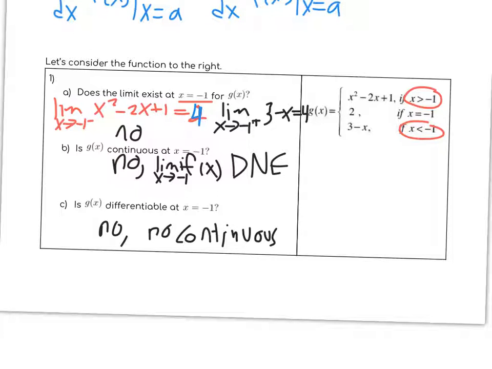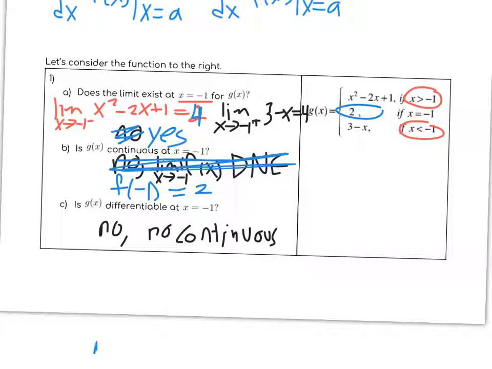This is equal to 4. And because of that, my first statement should have been yes. And because of that, we can ignore that second statement and then jump to continuity, where we find f of negative 1, which is 2. And now, since that point is not equal to the limits from both sides, so up here we got 4 from both sides, but here we've got 2. Now it's not continuous. And then we can use the same reasoning to say that it's not differentiable.